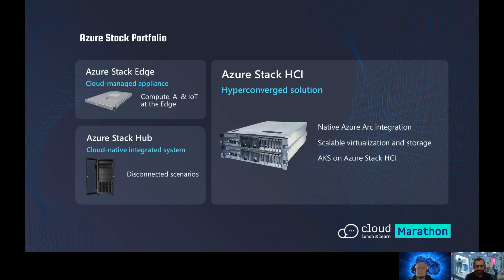So we have Stack Edge and Stack Hub. They are more turnkey solutions. So you buy the hardware and software from Microsoft, you put it in, and it's ready to go. While HCI, Hyperconverged Infrastructure, is more software based. So you have your own hardware and you install the software on it.